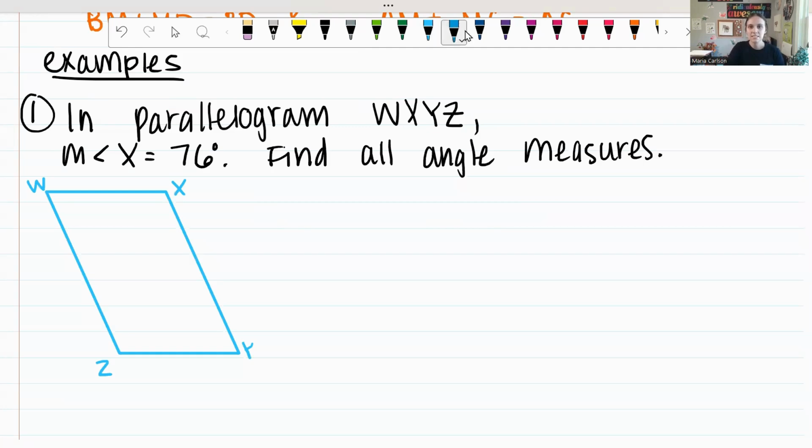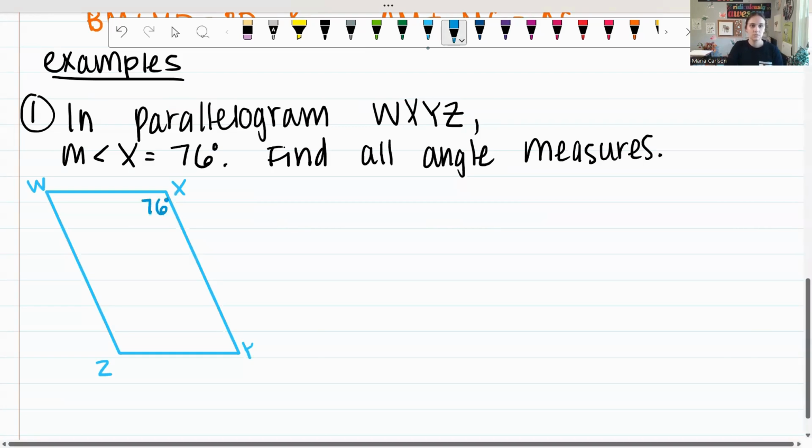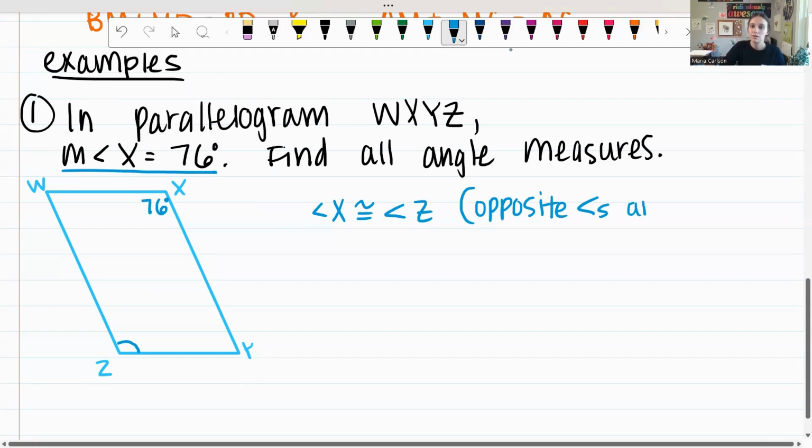We know X, right? The measure of angle X is 76. Which means I can figure out this opposite angle, right? Angle X is congruent to angle Z because they are opposite angles. And opposite angles are congruent.